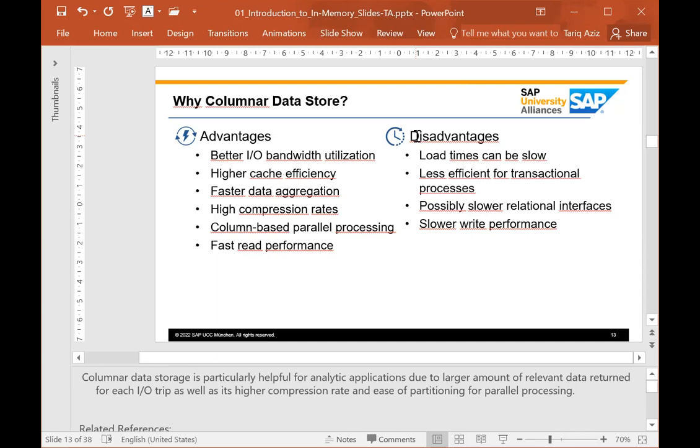Slower relational interfaces. If you want to relate two tables, make a relationship between them, then it is slower. Slower write performance. Writing to a database is definitely always a problem, especially in the columnar. That is why we keep a buffer, maybe 100 or 200 transactions. Once they complete, we rewrite the whole table.